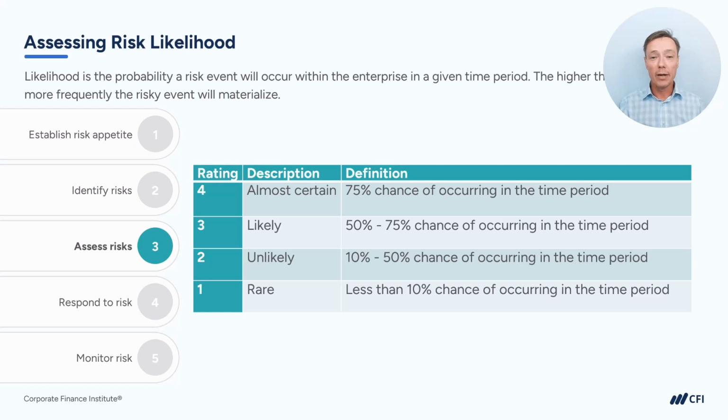If, however, a risky event is deemed to have a 75% likelihood of occurring over the same time period, a bank might consider it to be almost certain to happen over that time period, so it assigns it a high rating of 4. In practice, a bank will typically use a combination of quantitative and qualitative descriptions when assessing the likelihood of a risky event occurring.